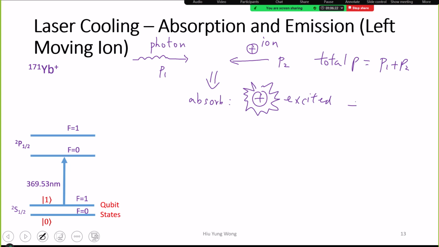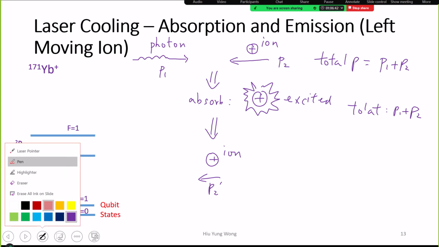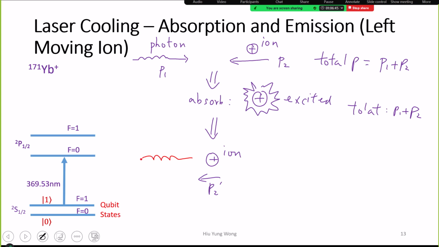Of course, the total is still conservation of momentum, P1 plus P2, right? But later, what will happen? It might actually go back to its original state, but it might by emitting a photon, P1 dash. It can emit a photon, right?